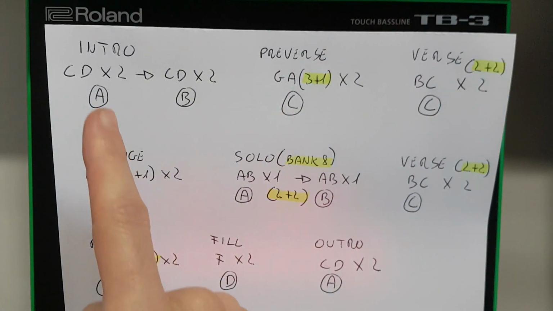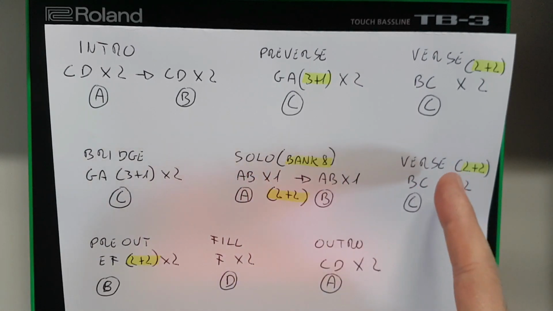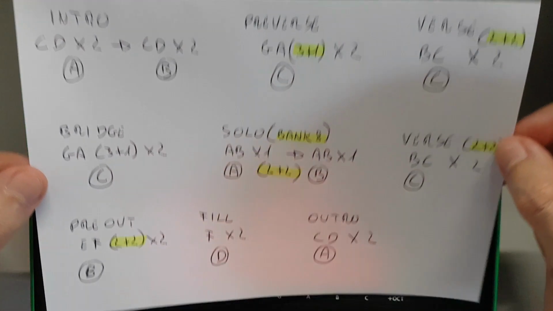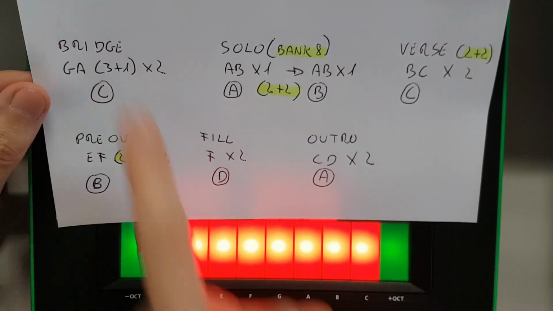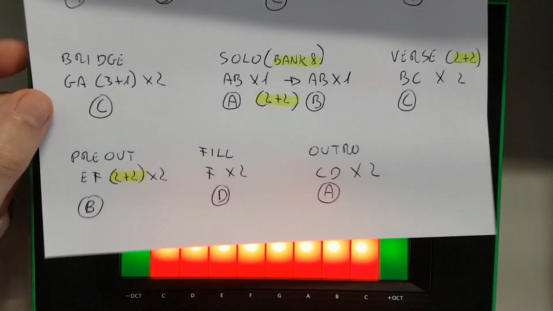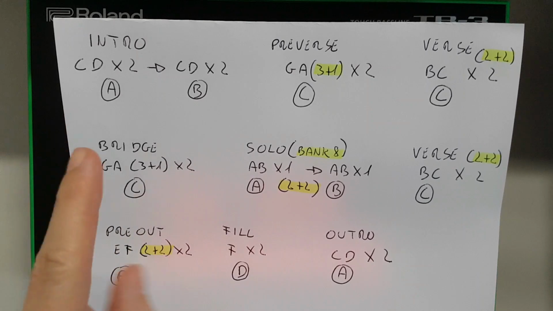We've got an intro, a pre-verse, verse, bridge, solo, verse, pre-out, fill and outro. It seems like a lot of parts, but I can promise it's not so difficult. Let me show you. I chose the patterns in the order of the banks, so C, D, E, F, G, A, B, C, and you can find these items just like this.